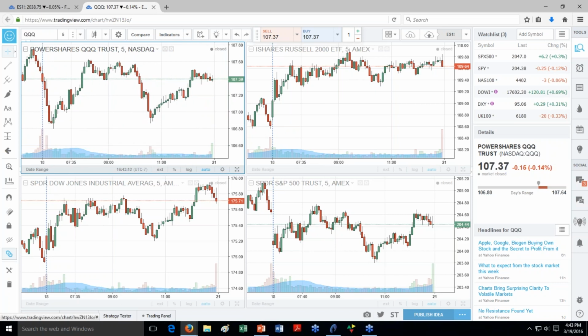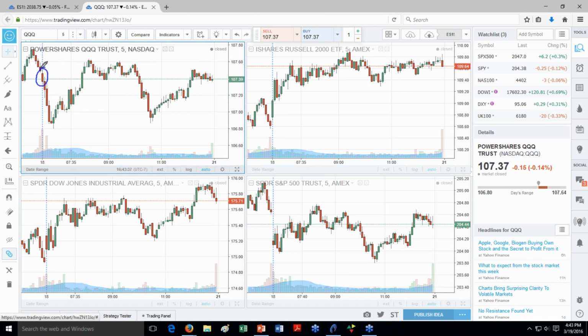So the bias is all to the upside. And I'm just using here the ETFs, but basically you can go to the futures and have the same thing. And that's my preference, just to look at the futures. I just convert that to the stock screen. So you're basically doing the same thing as we did with stocks.